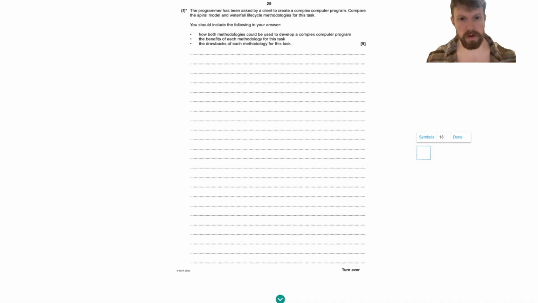So what we've got here is another one, and I think it's the last one on there, which is a 9 marker, all to do with the different stages of the software development life cycle. We can see that it's really important that we get this strategy of going through and describing what it's talking about, and then applying it to the scenario.